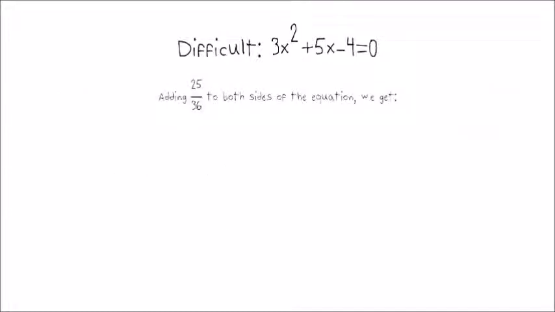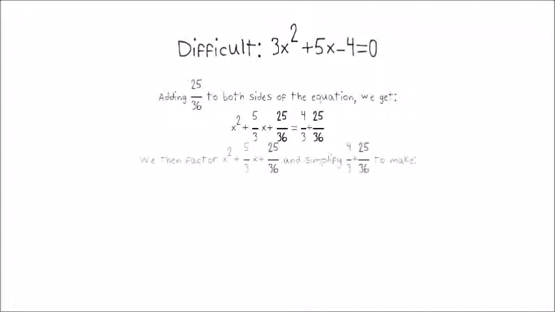Adding 25 over 36 to both sides of the equation, we get x squared plus 5 over 3 x plus 25 over 36 equals 4 over 3 plus 25 over 36. We then factor x squared plus 5 over 3 x plus 25 over 36 and simplify 4 over 3 plus 25 over 36 to make x plus 5 over 6 raised to the second power equals 73 over 36.